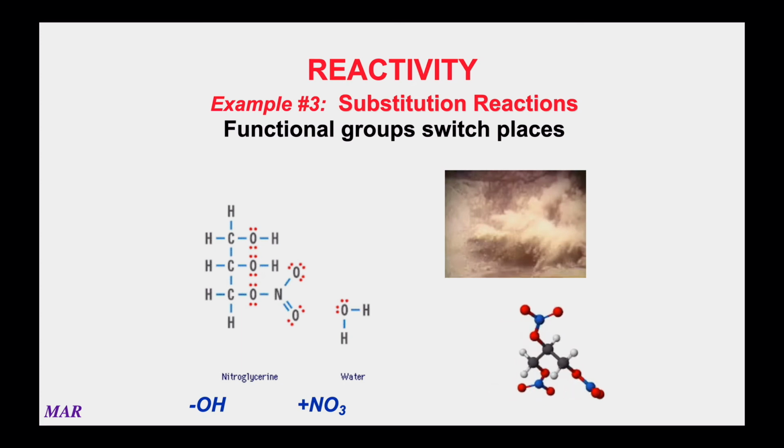It's pretty unstable, causes lots of cool explosives. This is an example of a substitution reaction where you're taking some more exciting pieces and basically swapping them out. So the NO2 basically swaps out one of the hydrogens and one of the OHs, so you end up with this nitro group, and again, that's pretty unstable.